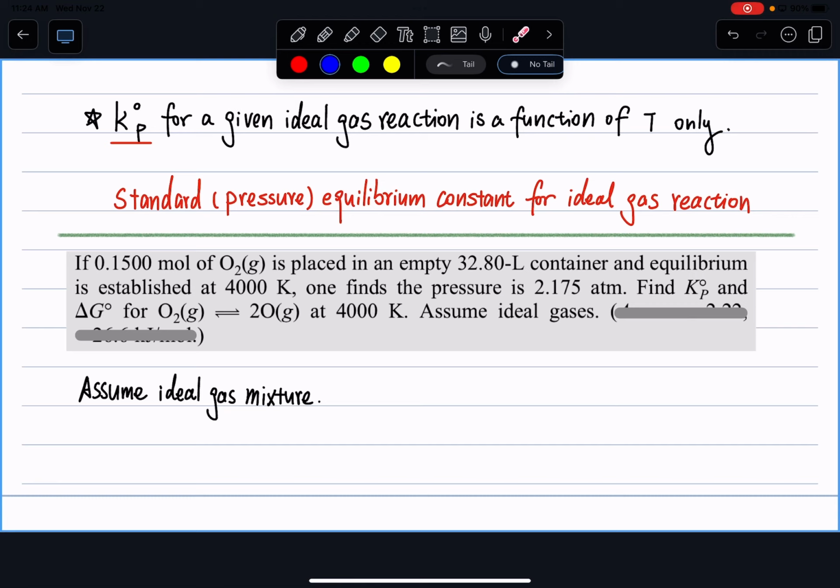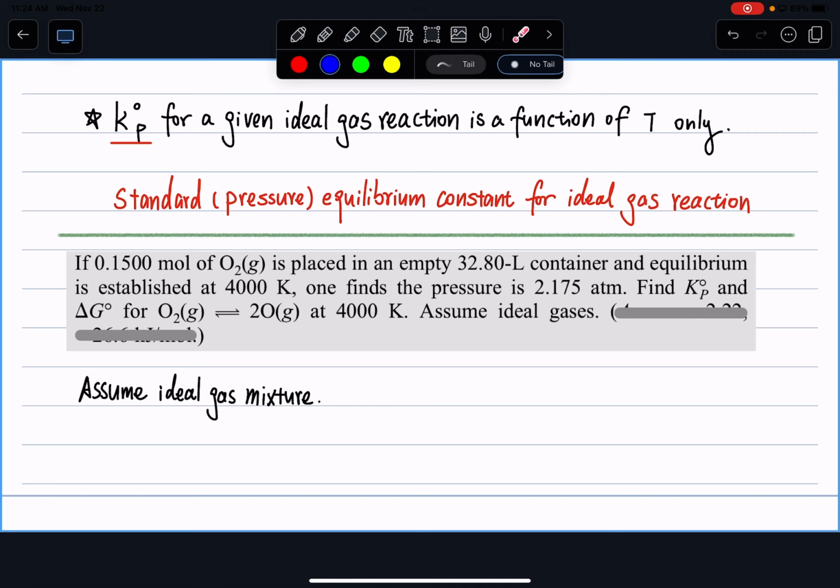With that in hand, we're ready to do our subsequent calculation of your equilibrium constant and your delta G. How do we set it up? We know our equilibrium constant is defined using the partial pressures of each reactant or product. Your P of O2 at equilibrium equals the mole fraction of O2 at equilibrium times the total pressure at equilibrium.